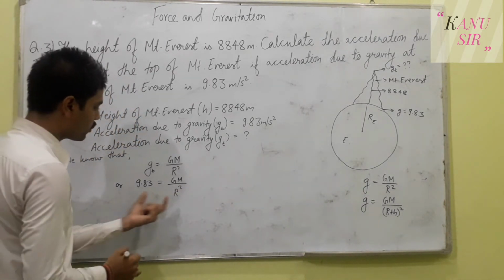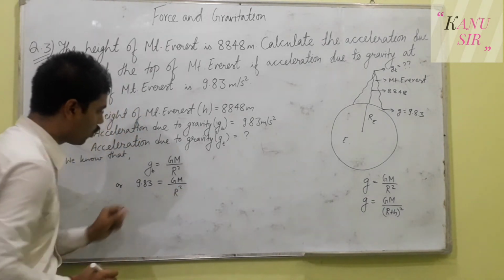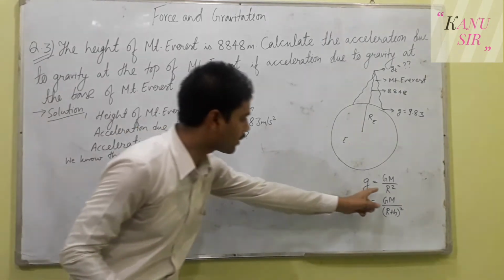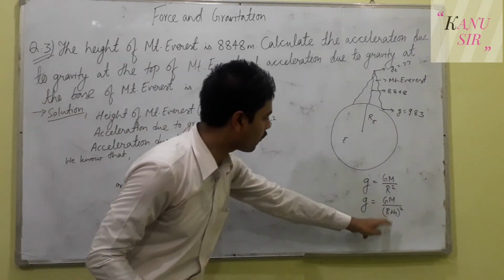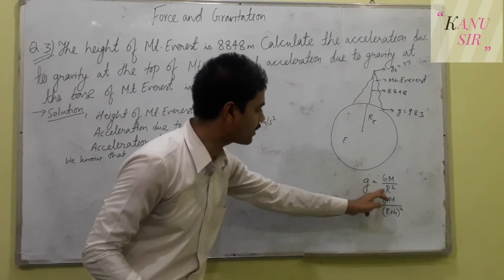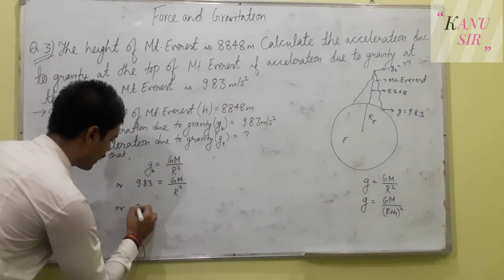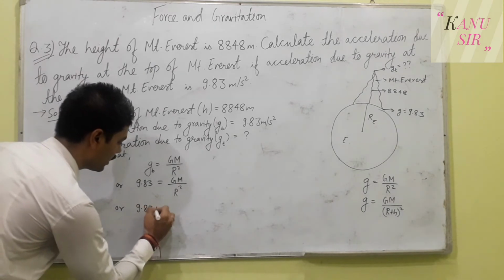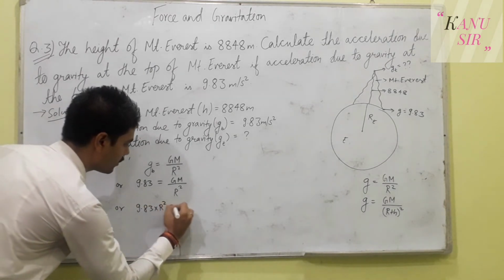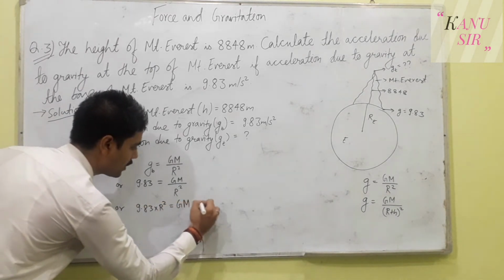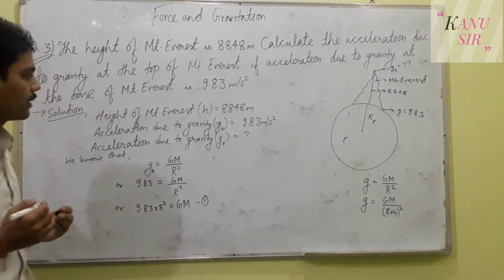We have just one equation type of question, but what is changeable here? The radius of the earth in the formula is being changed. Once it is r and the next time it is r plus h. So we'll write 9.83 into r square is equals to GM, equation number 1.